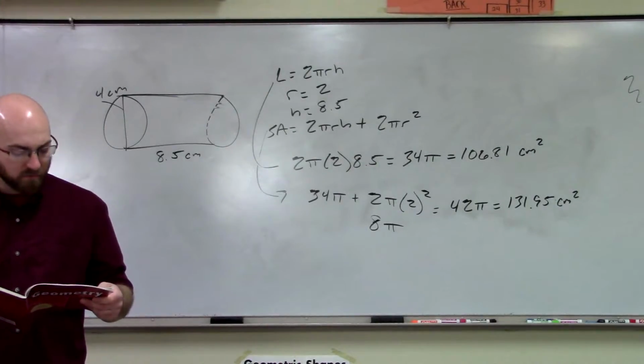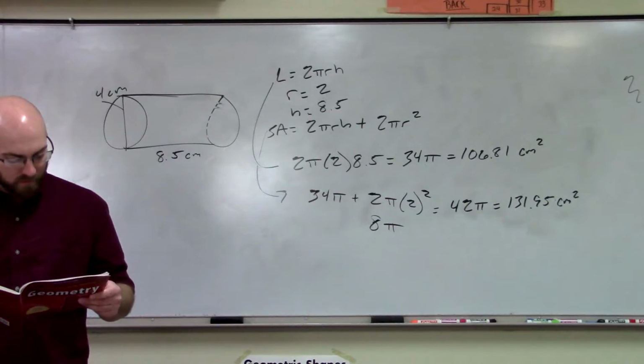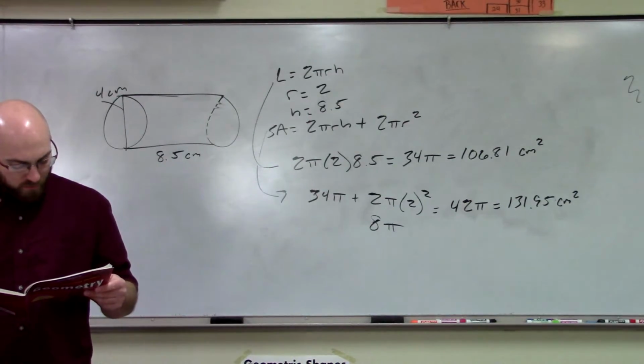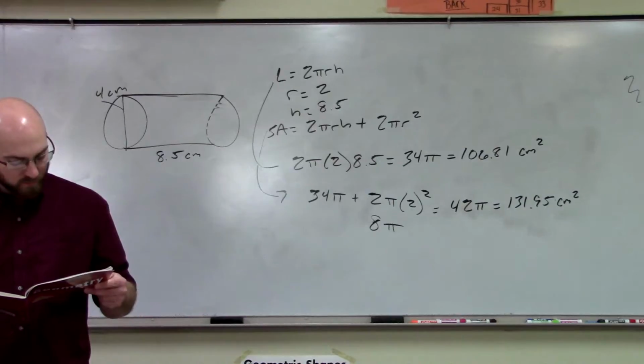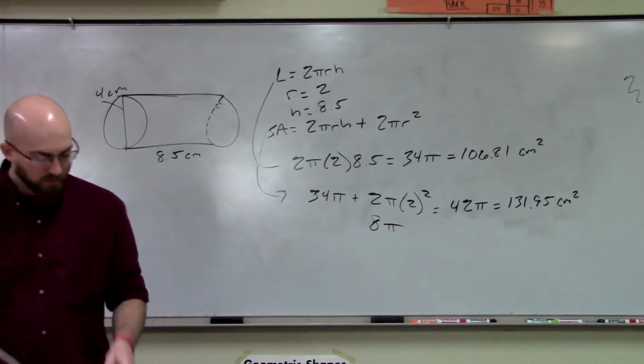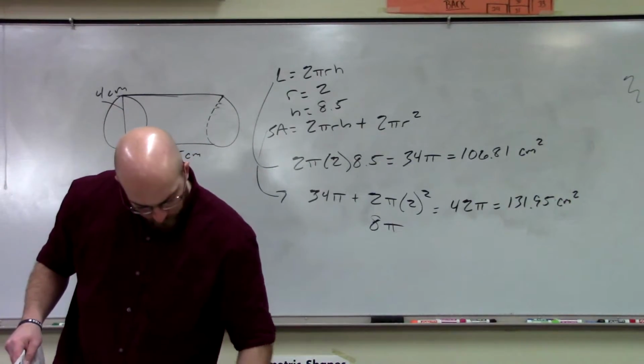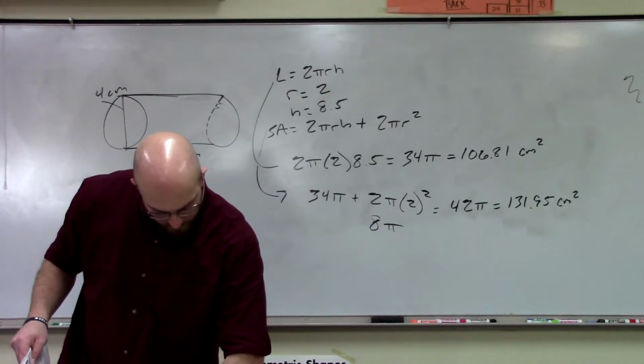Okay. So we're going to start off with that one, and then we'll do a cone the same way, and then show that maybe you don't need all this stuff. All right. So let's go ahead. Make sure I get the formulas right, and let's start.